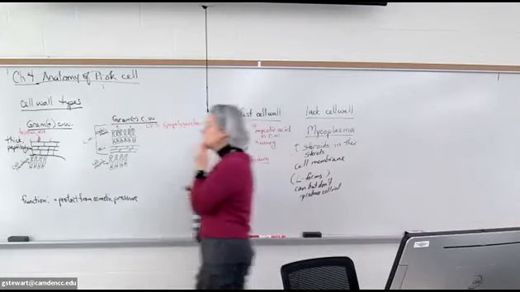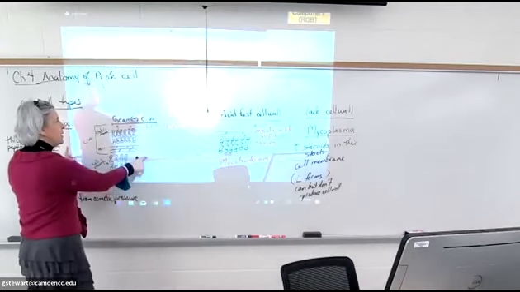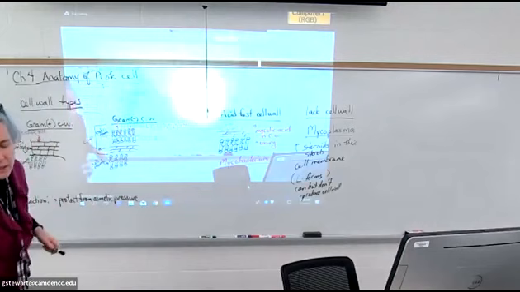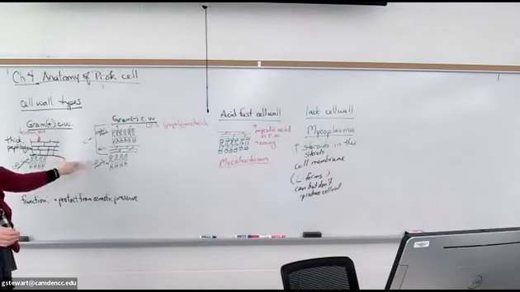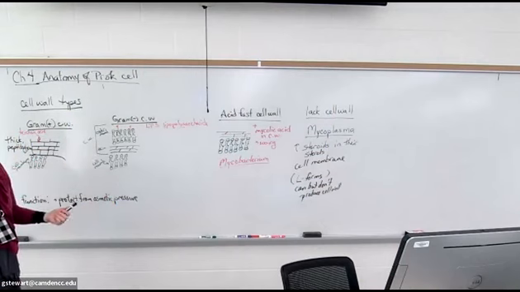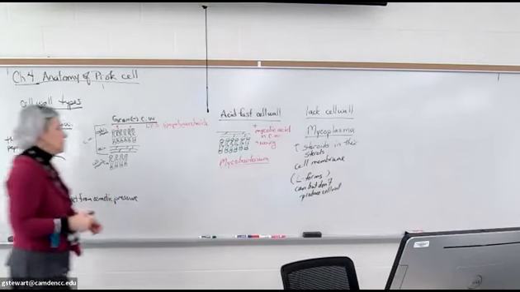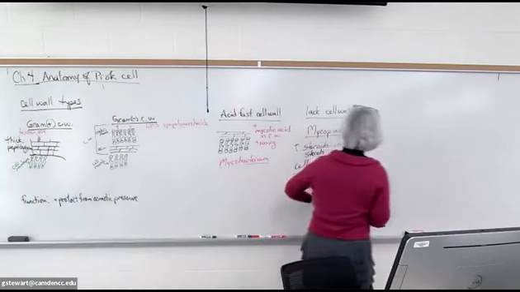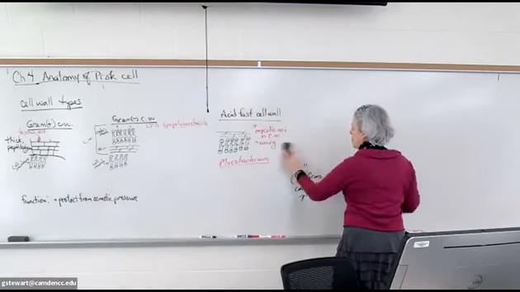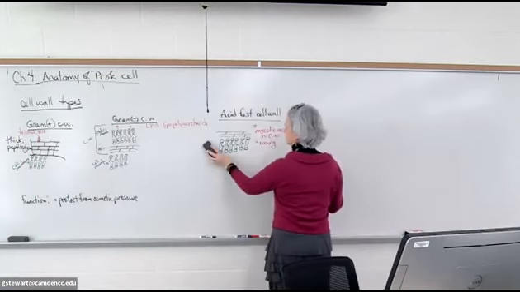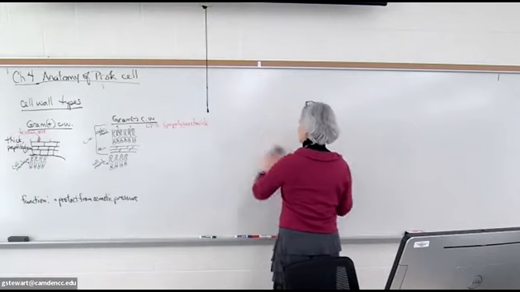All right, now I'm going to spend a little time talking about how the gram stain works and how it interacts with these two different types of cell walls. Because, like I said, we're going to do the gram stain in lab today. And then erase this.